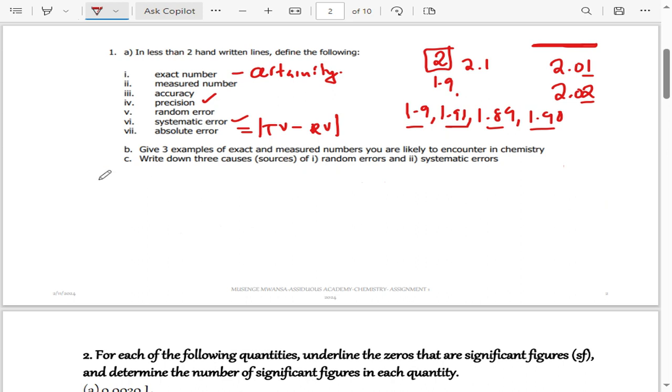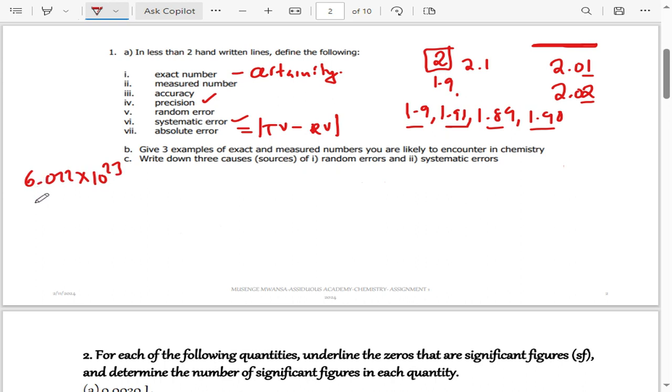Exact numbers that you encounter in chemistry include numbers like Avogadro's number, which is 6.022 times 10 to the power 23. This number represents the number of atoms or molecules or particles or ions which are present in one mole of a substance.